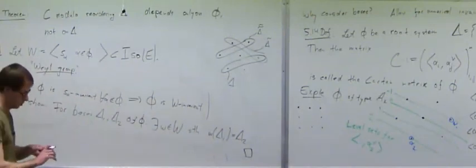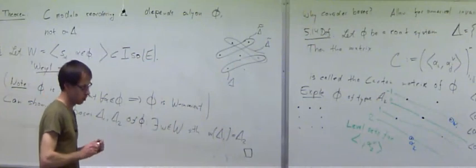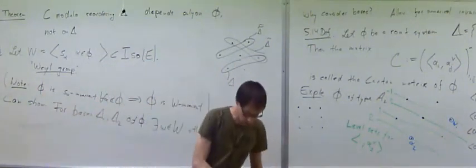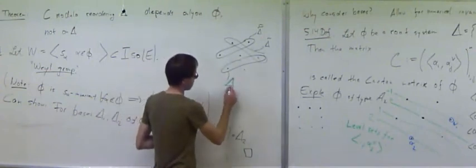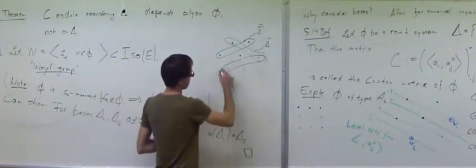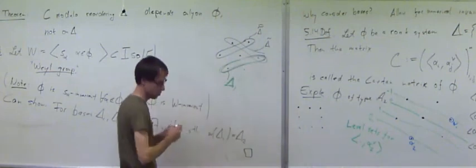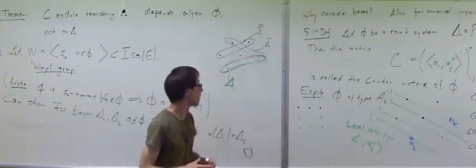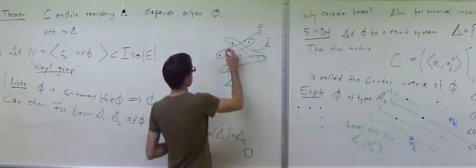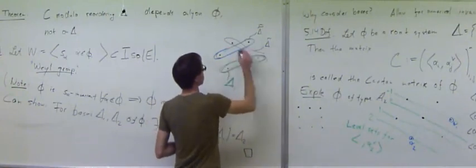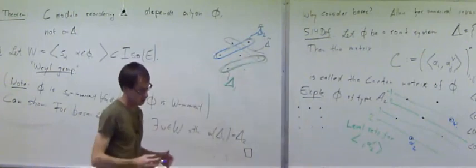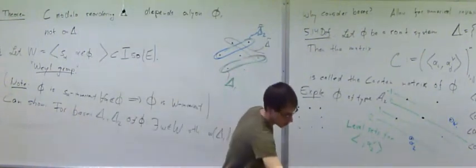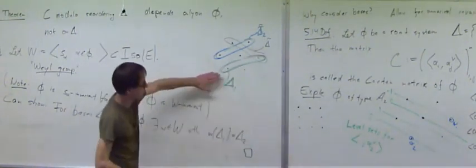Maybe let me also just indicate, for example, if this was here delta 1, and this is delta 2. Well, how would I transform delta 1 into delta 2?